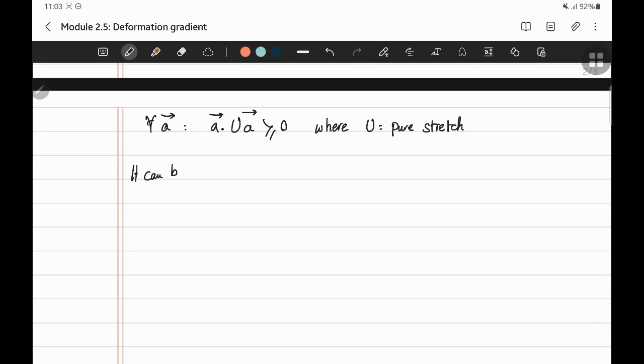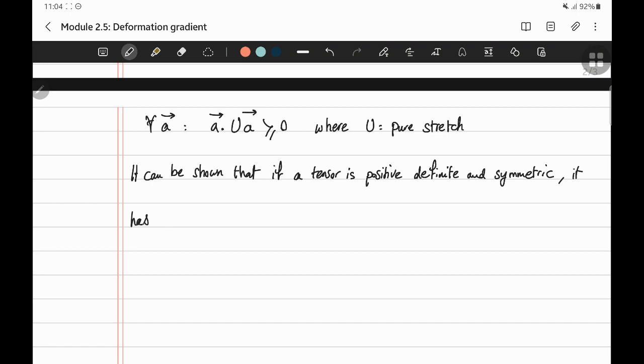So it can be shown that if you have a tensor that is positive definite and of course symmetric, which is the case for our problem, then all of its eigenvalues are positive.